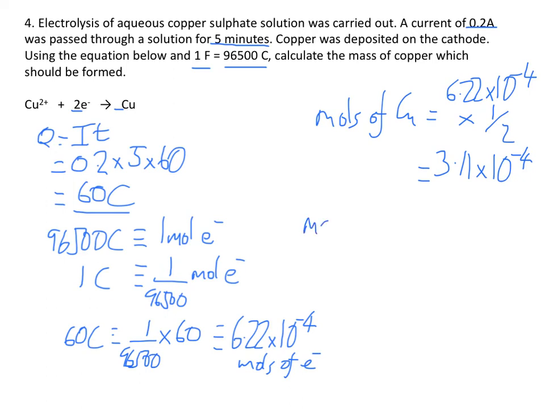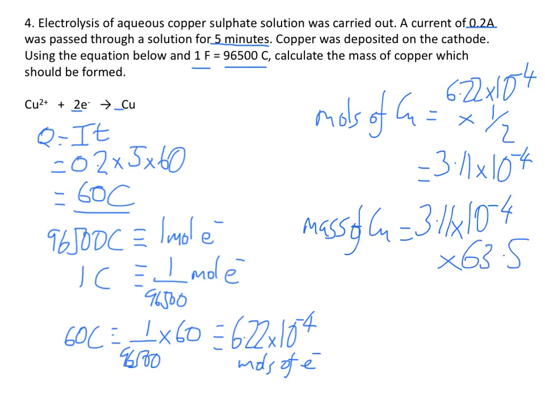So we've got mass of copper equals 3.11 times 10 to the minus 4 times by the atomic mass of copper. So if you can find it on your periodic table, mine says copper is 63.5. Type that into your calculator, and that's 0.0197 grams. And that's your finished answer.